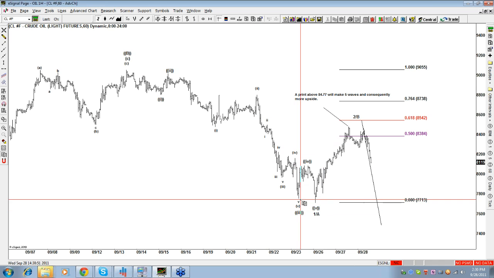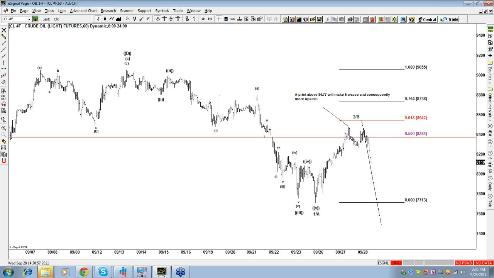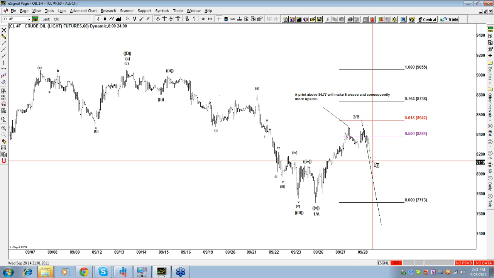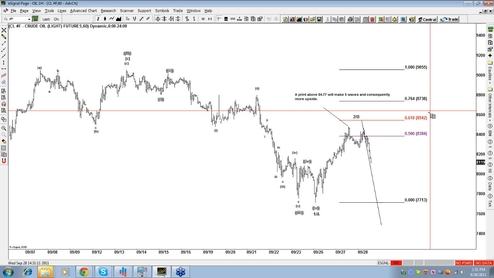Now, from the lows, most likely what I'm expecting today is 1, 2, 3, 4, and a 5. This looks very vertical, and that's what I say. It worries me a little bit, but it can get a deeper correction to the upside.